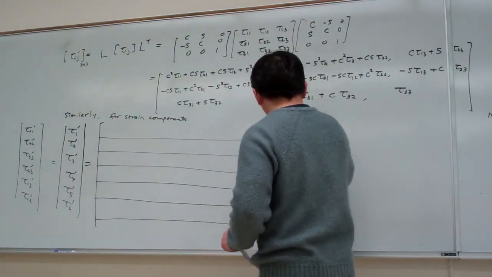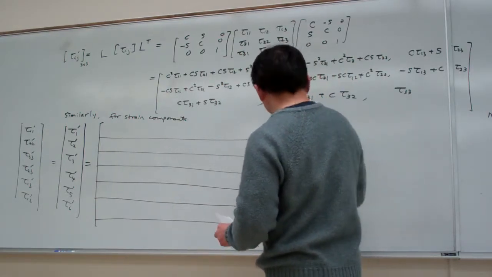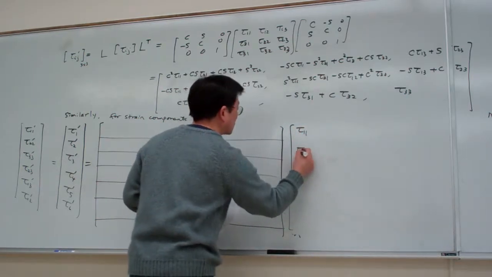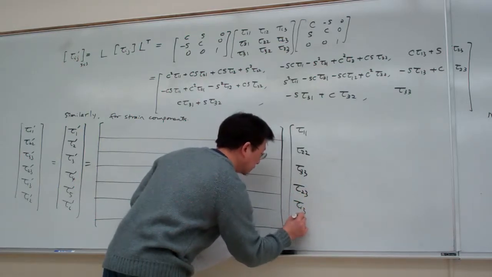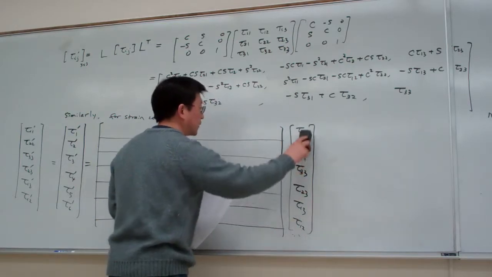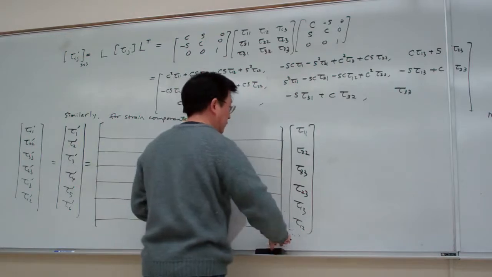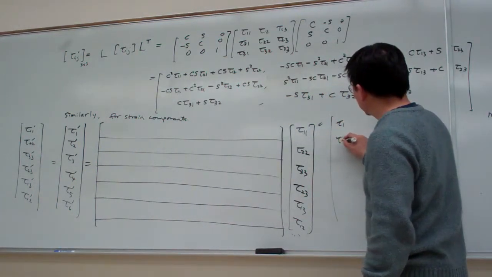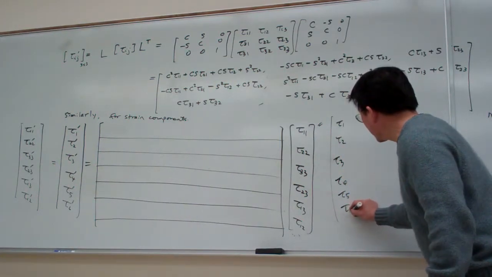And then again, this one will be multiplied with the corresponding stress: tau 11, 22, 33, 12. Basically that one. Basically this one in our notations, that is the tau 1, 2, 3, 4, 5, 6.